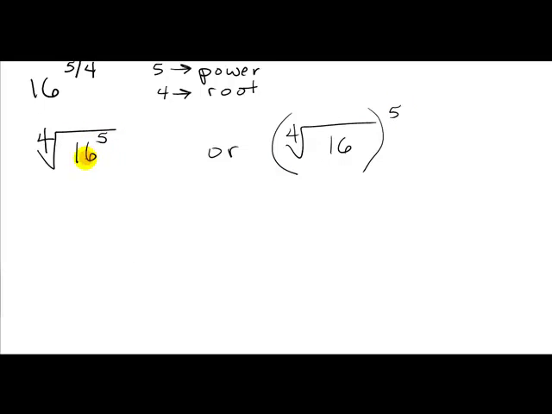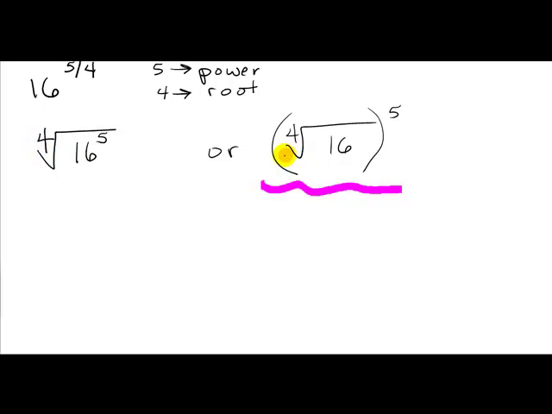Now, I don't know about you guys, but I don't know what 16 to the 5th power is. When I plug that into my calculator, I'm going to get a super large number, and then I have to back out of it to get the 4th root. So this isn't the best way to work it. This is going to be the best way. Take and put the power on the outside of everything, because I can easily do the 4th root of 16, and then I can take that number to the power of 5 much more easily than I can do the 16 to the 5th power and then back out of it.